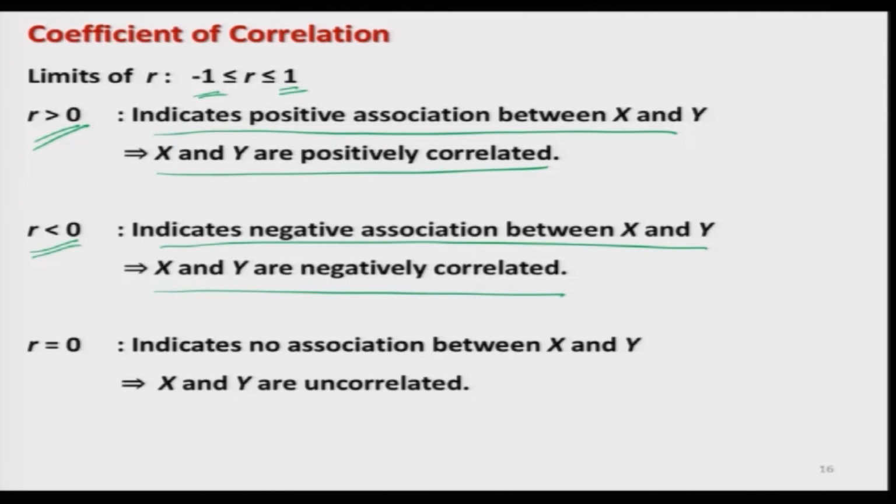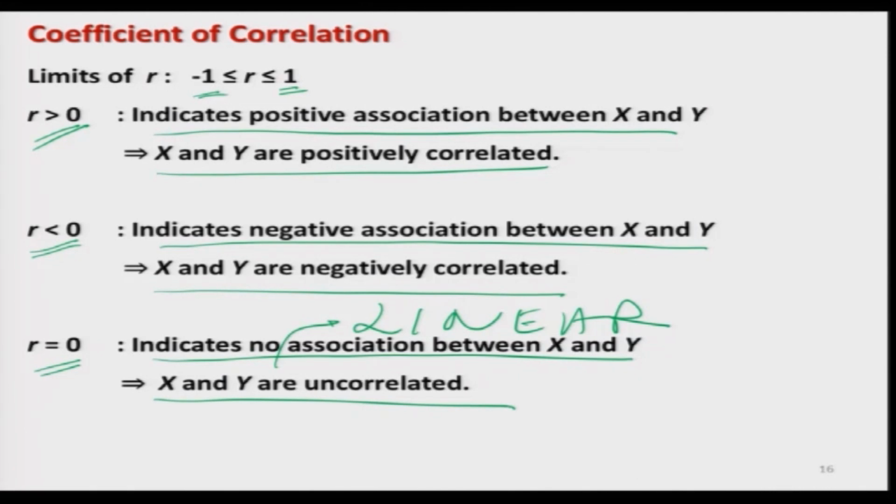Right. And similarly, ideally I am saying r equal to 0, but practically if your value of r comes out to be very close to 0, then this will indicate that there is no association between x and y. And remember one thing, this indicates there is no linear association. So, x and y are uncorrelated. Once again, this is talking of linear relationship, linear association, but there can be a non-linear relationship.